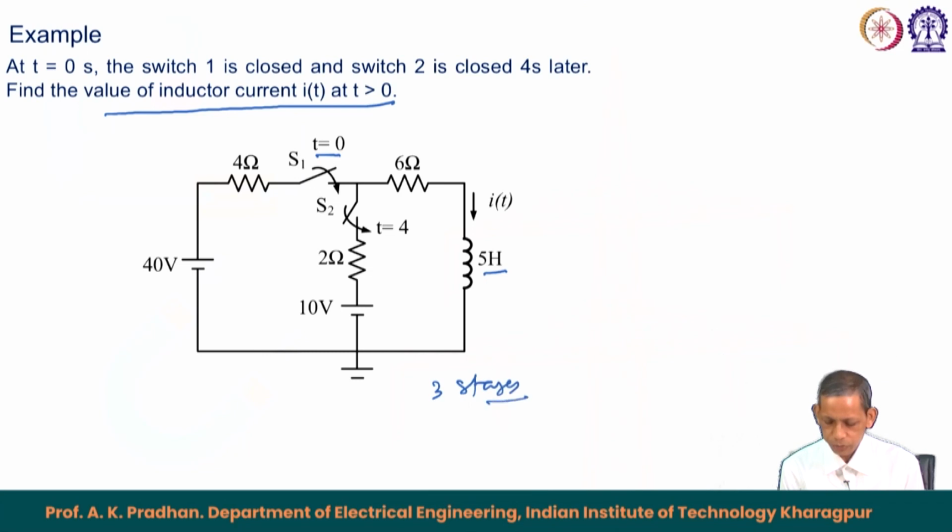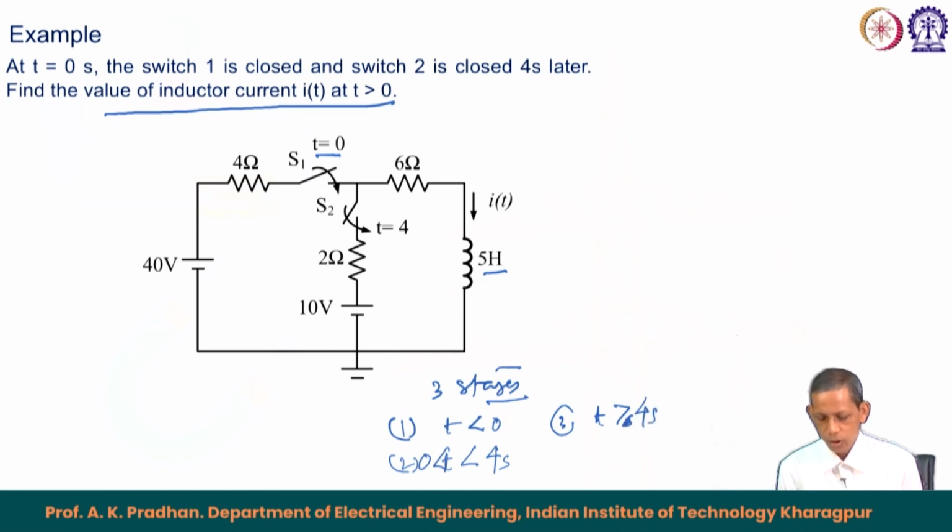Stage 1 is t less than 0, that is the initial condition. The second stage is t greater than 0 up to 4 second, and the third stage is t greater than 4 second.